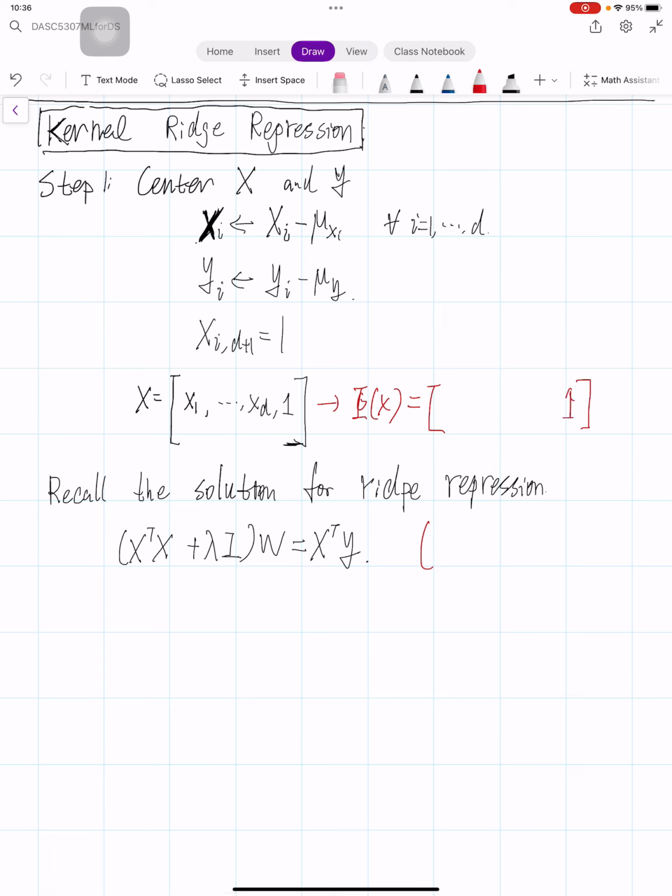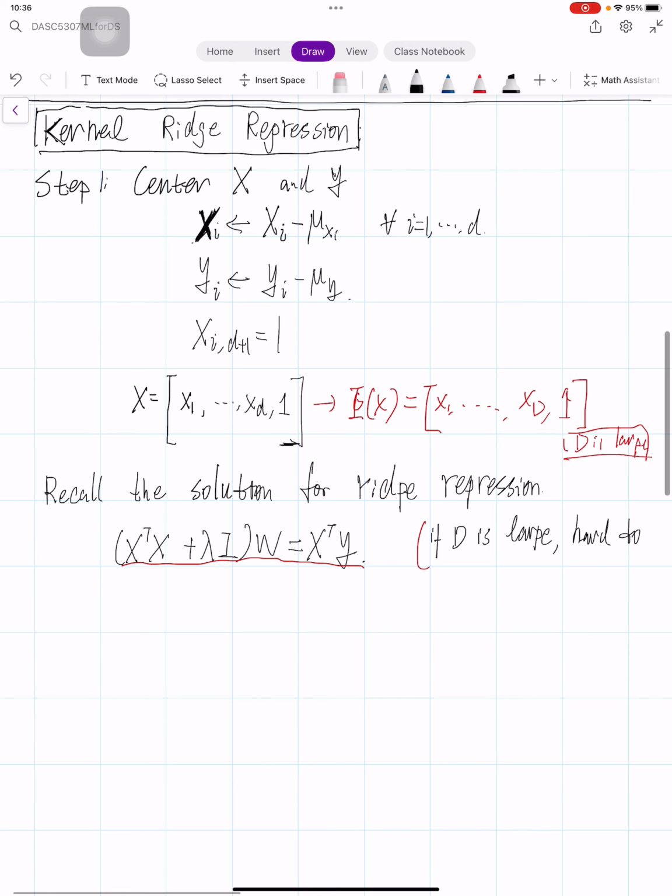The last column is still 1, but we have up to xd, so d is huge. We cannot solve this directly. If d is large, it is hard to solve. That's where we need to use kernel methods.